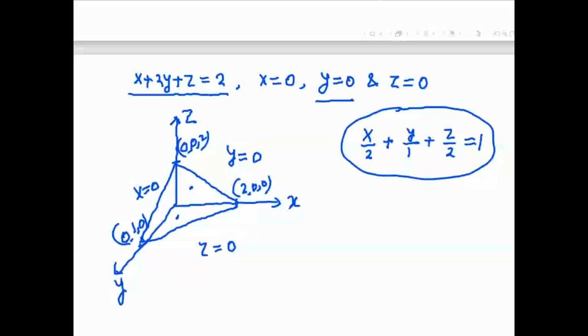So just try to imagine you are inside this volume bounded by these 4 planes. If you look at this picture, that means you are outside. So just come to this location.